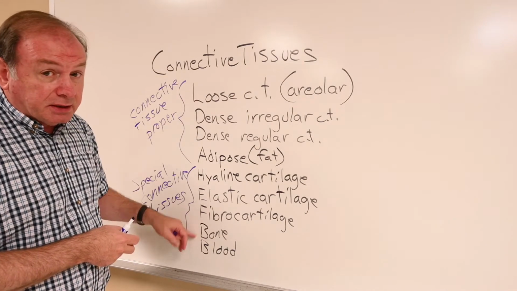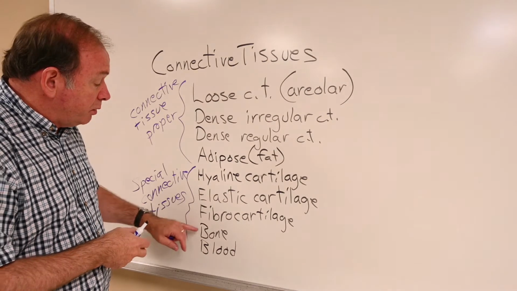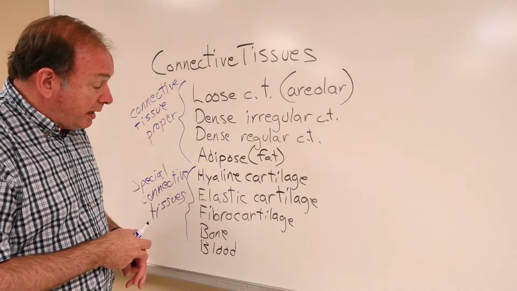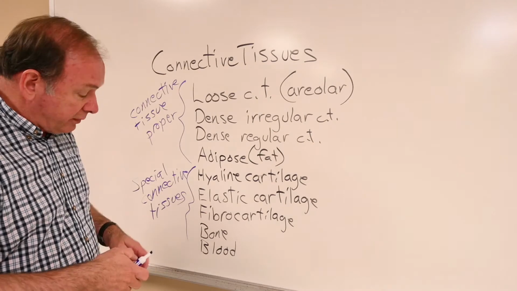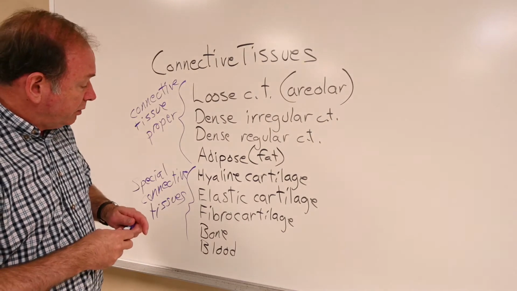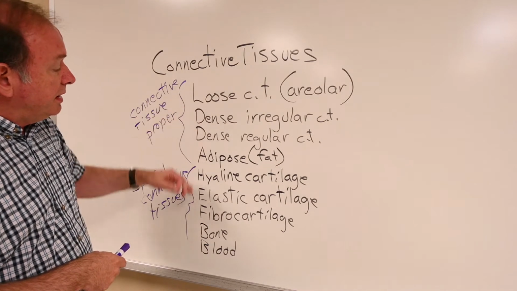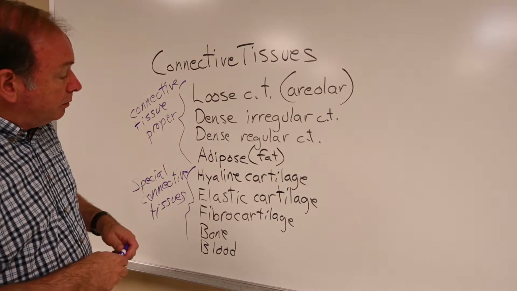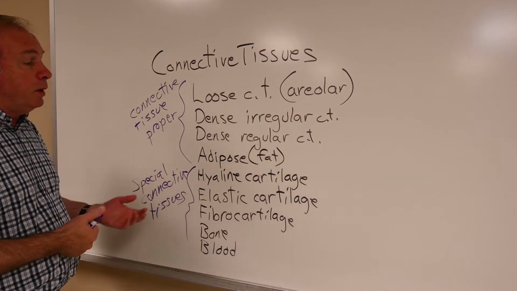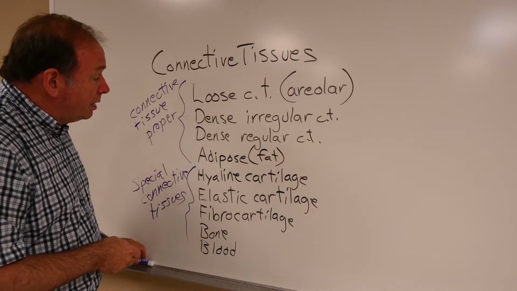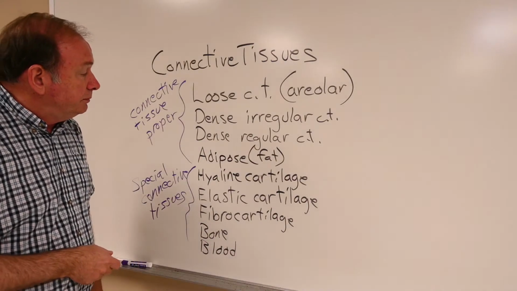Bone matrix has a completely different makeup, and we'll talk more about that when we get to it. And blood, of course, is a different thing entirely. So we're going to go through each of these and consider what they consist of and where they are found in the body. Those are our connective tissues.